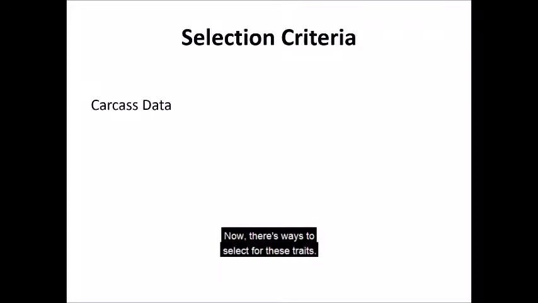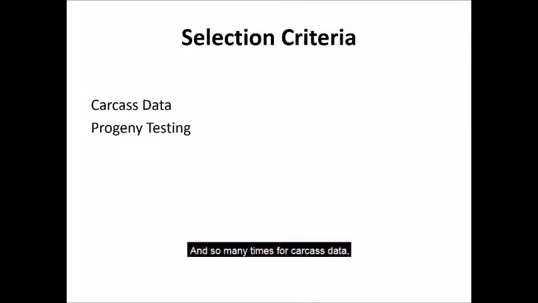Now, there's ways to select for these traits. We can use carcass data, go into the cooler, take measurements. Okay, but that's pretty difficult for an animal that we want to use for reproduction because they don't tend to reproduce very well after they've had their head removed. So many times for carcass data, we evaluate progeny testing.